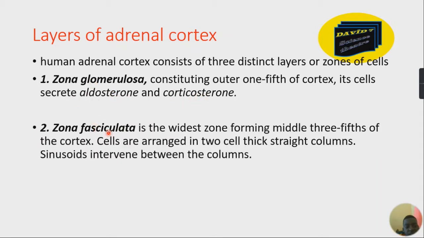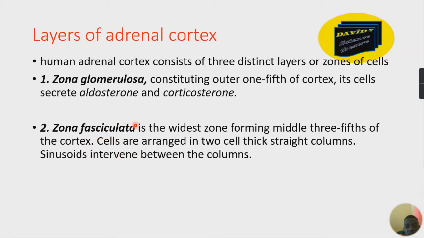Then we have the zona fasciculata. This is the widest zone at the center, and it forms the middle 3/5 of the cortex. The cells are arranged in 2-cell thick, straight columns. They have sinusoids in between, and this layer secretes what we call glucocorticoids.